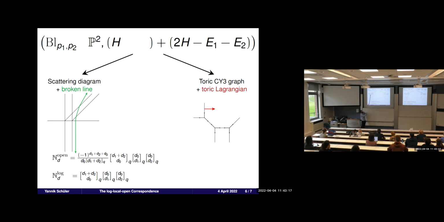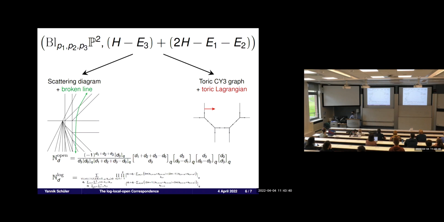Maybe I should explain. I was rushing a lot. So we were starting from our main example here, P2 with the line and the conic, and now we started to blow up and take always the proper transform. So here we blew up 2 points on the conic, and so far not much difference. Now let's blow up a point on the line, and then suddenly on the one side the thing explodes.